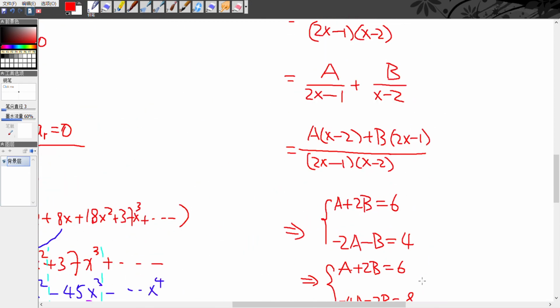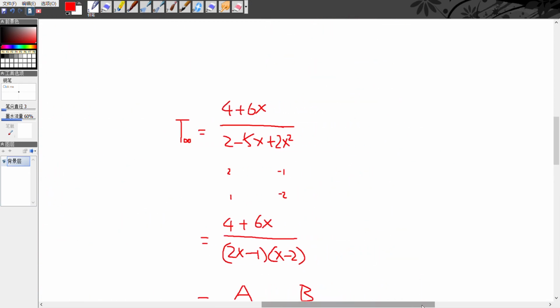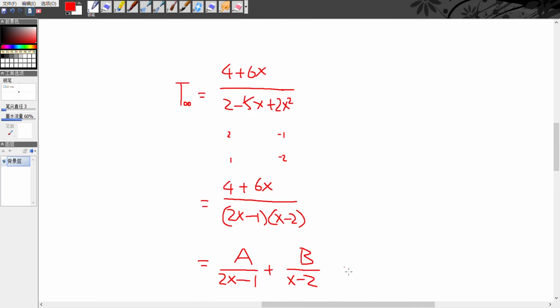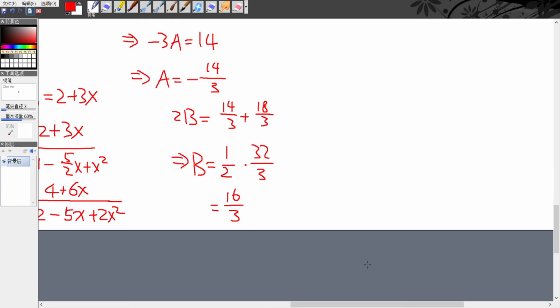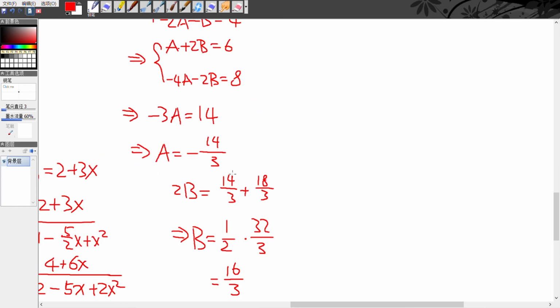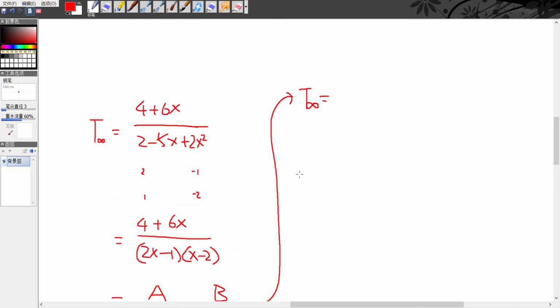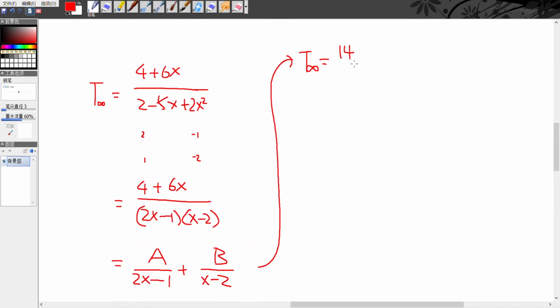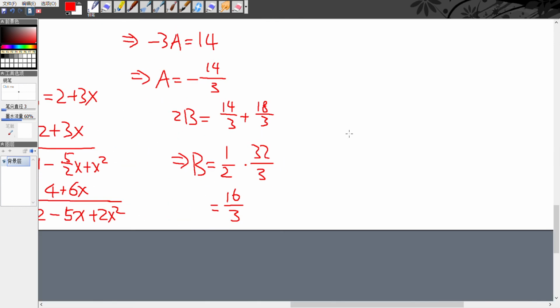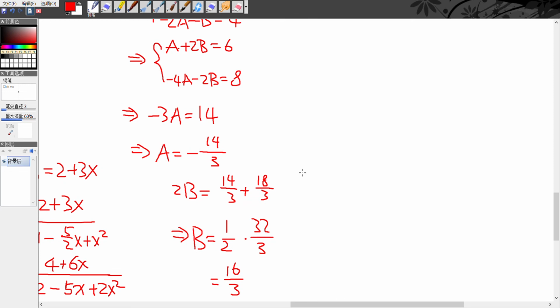I believe I'm correct. So our T infinity is equal to negative 14 over 3 times 1 over (2x minus 1).